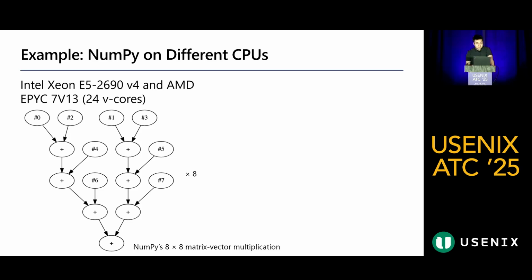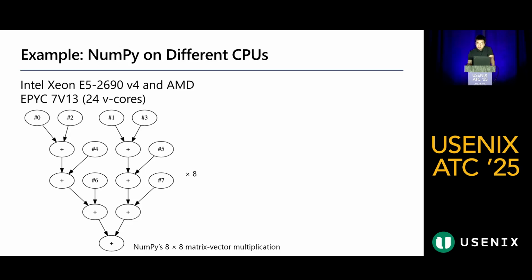Let's see an example of the different accumulation orders. We observe discrepancies in NumPy's accumulation order for dot product, matrix-vector multiplication, and matrix multiplication operations in single precision. For example, the figure shows the accumulation orders of NumPy 8 by 8 matrix-vector multiplication on different CPUs.